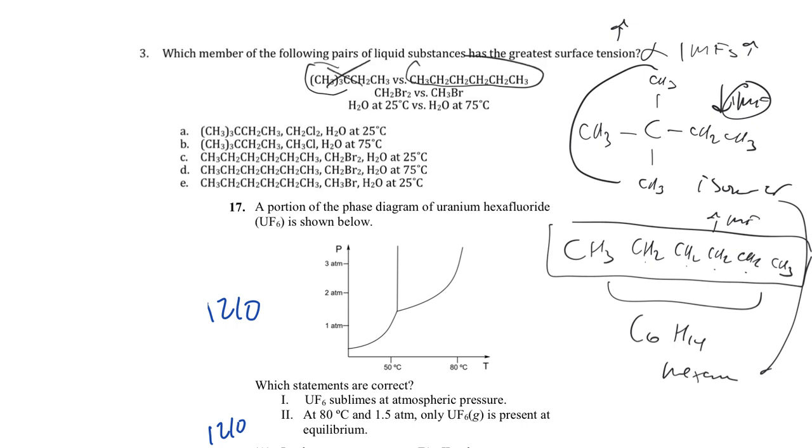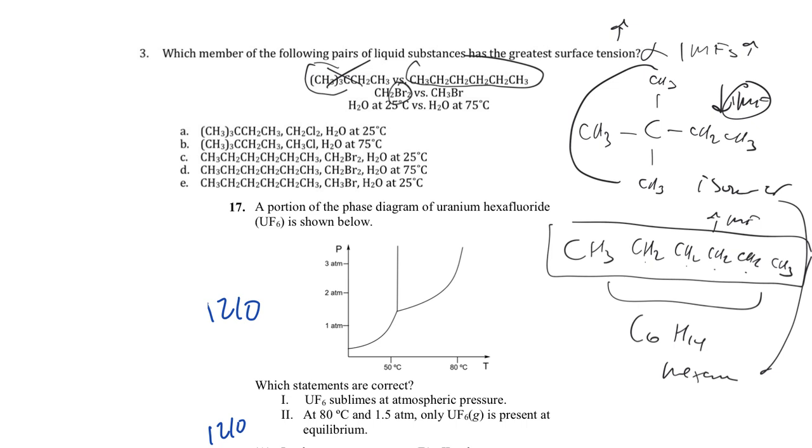In the case of CH2Br2 versus CH3Br, they're both polar, maybe not very polar, because the C-Br bond's not as polar as a C-F or a C-Cl bond, but we do think of them as polar molecules. But we have a bigger molecule because I have 2 bromines instead of 1.